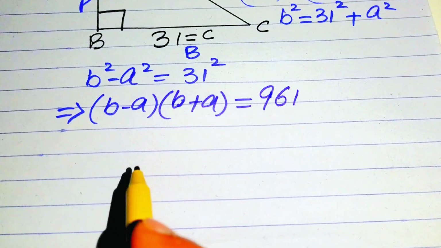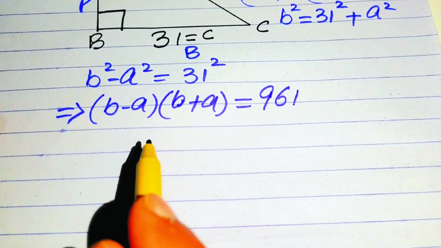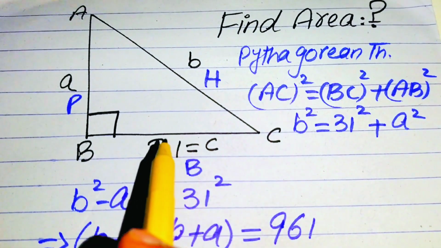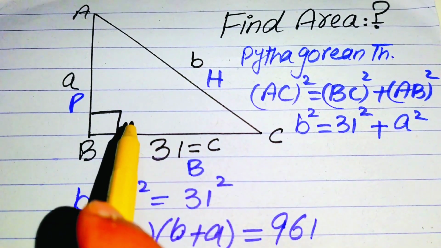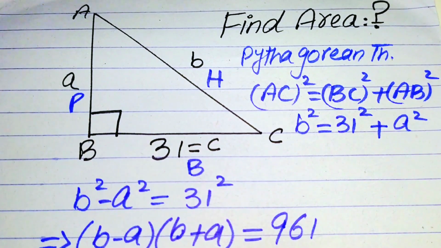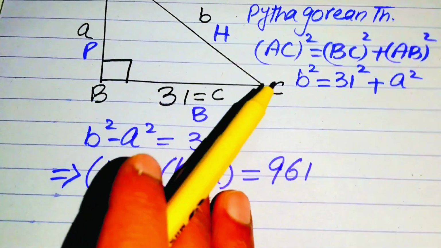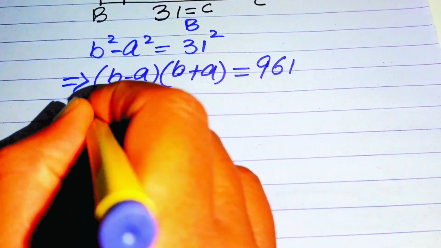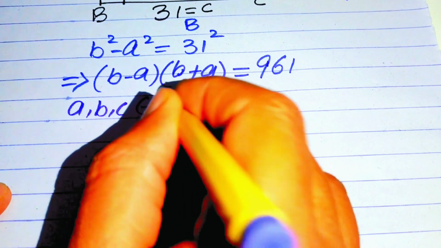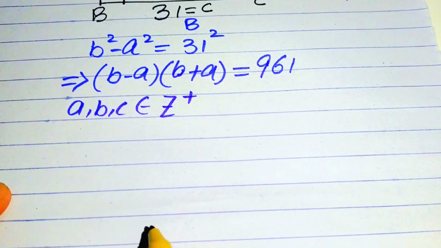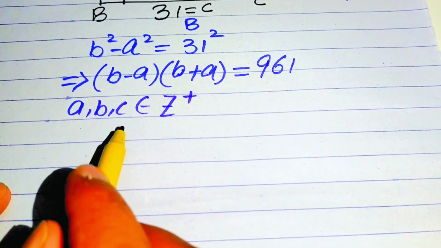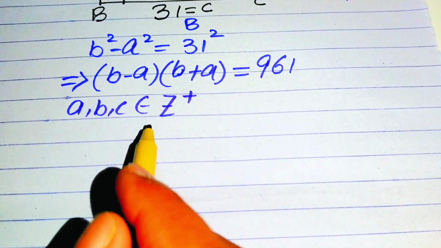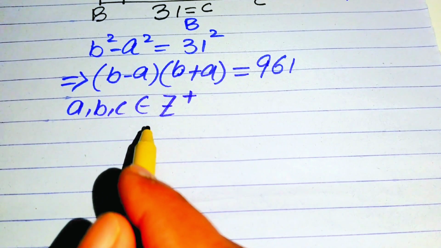Here you focus on a and b. a, b and c are the side lengths of this right triangle, so these side lengths must be positive integers. Remember that a, b and c belong to positive integers, because these three lengths are positive values and cannot be negative.